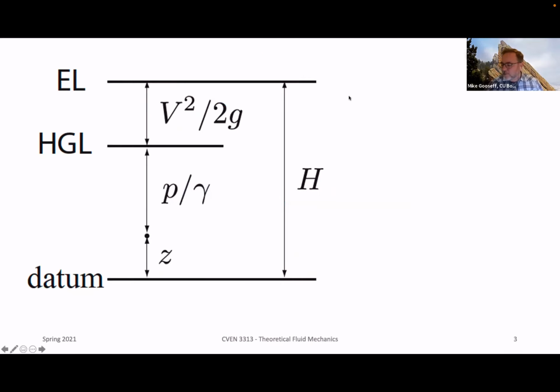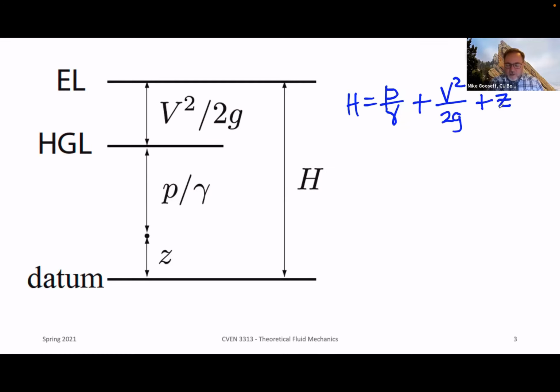Again, as we had on the previous slide, I've got to get into pen mode here. I'm going to go with blue. So H is equal to P over gamma plus V squared over 2g. I'm hoping that repetition will get this ingrained into all of our heads, plus Z, right?